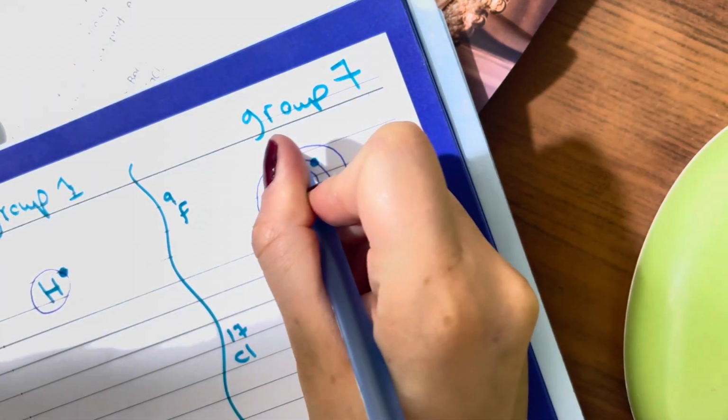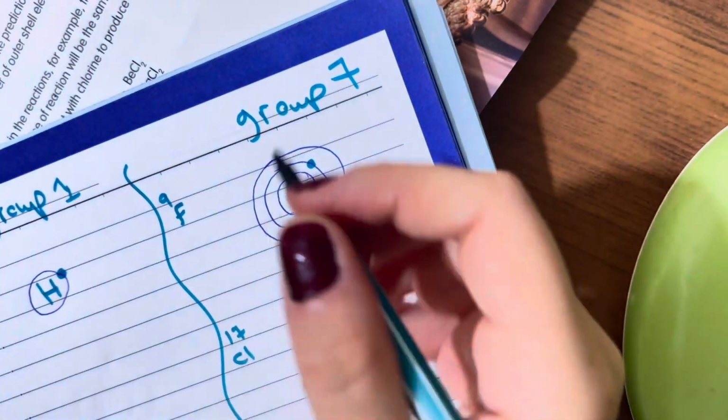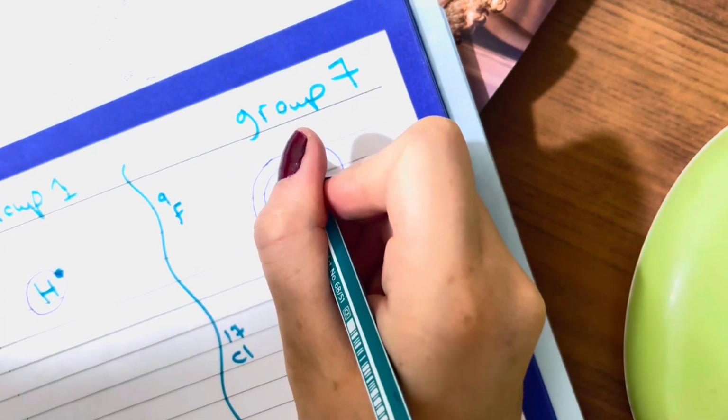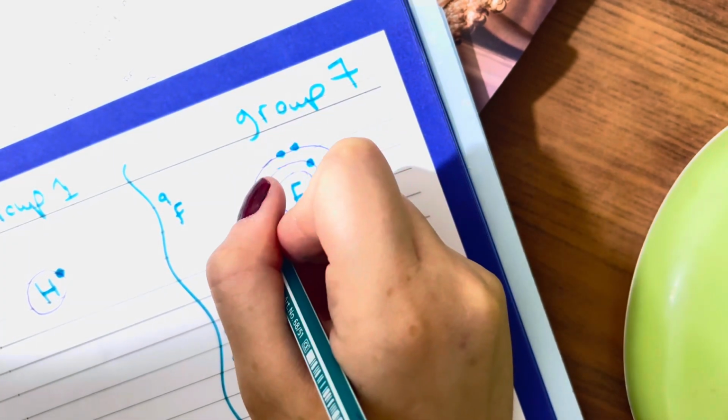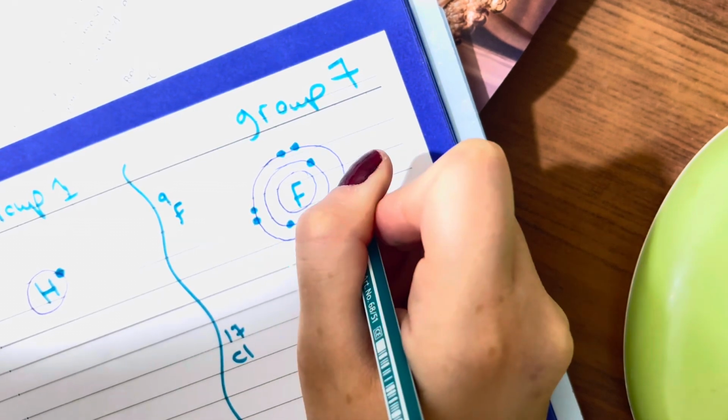In this orbit, there is a vacancy for 8, but we will see how many electrons we have. So this is 1, 2, 3, 4, 5, 6, 7, 8, and 9.